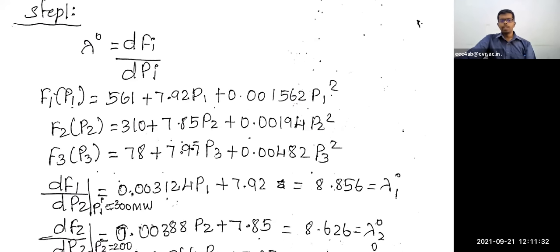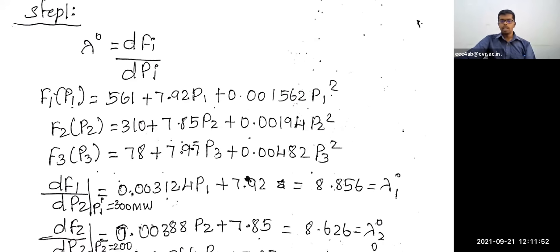Here you need to substitute P1 is equal to 300 megawatt. While substituting, the answer you are getting is 8.856. That is lambda 1 naught.